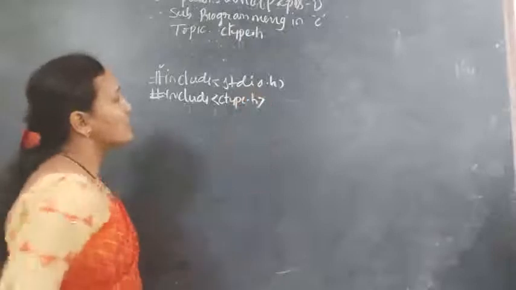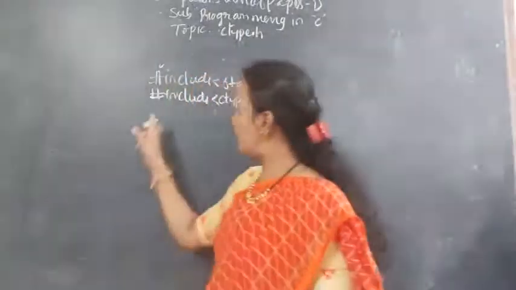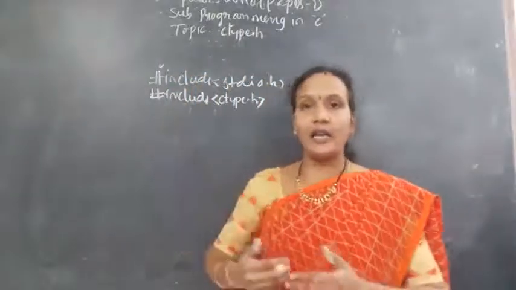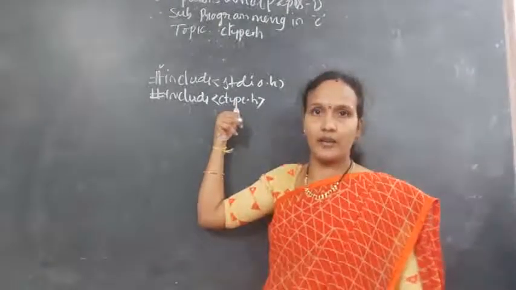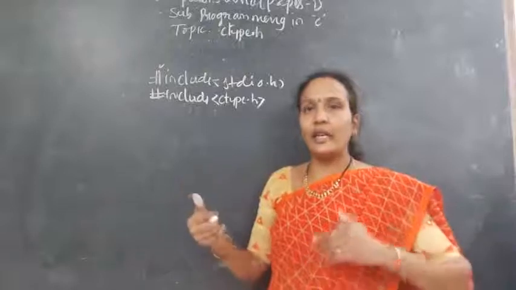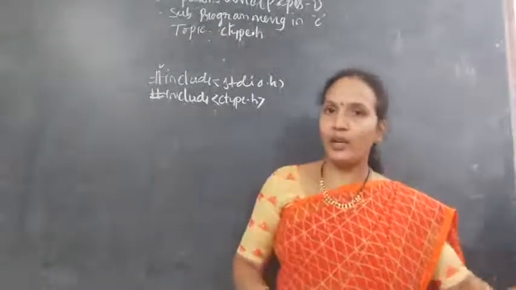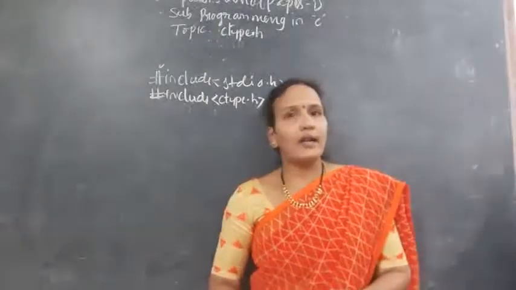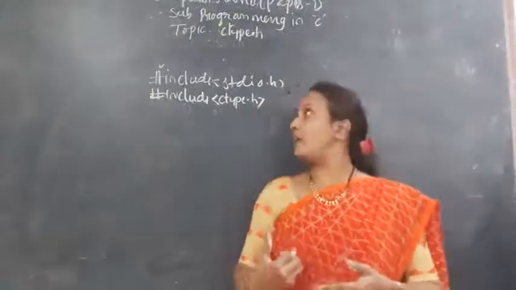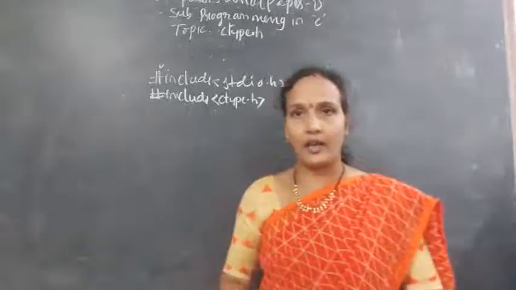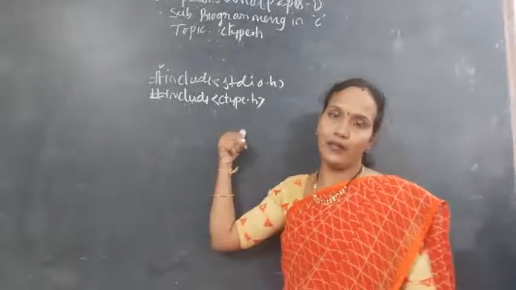Then you have to use ctype.h. When you include this preprocessor command, at the time of compilation, whatever functions are there in this header file will be loaded in your program. Otherwise, if this header file is not included, it is difficult to call the functions available in this library file.